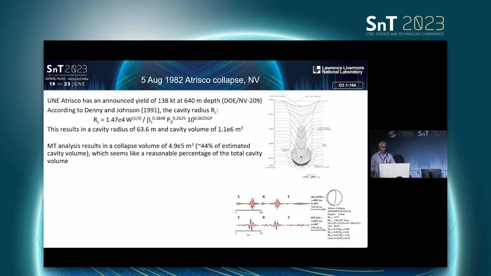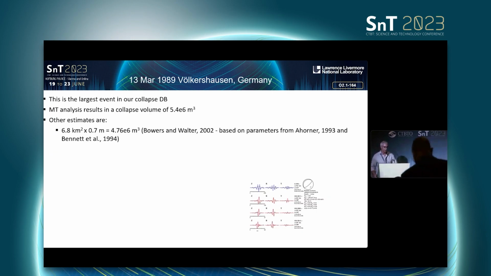And so using Denny Johnson, we can estimate a cavity radius and, of course, get a cavity volume from that. And when we do our moment tensor analysis, it comes out to about 50% of the total cavity. So do we know if this is right? No, but it seems like a reasonable estimate here. In the other cases I'm looking at, these are compared to other people's estimates.